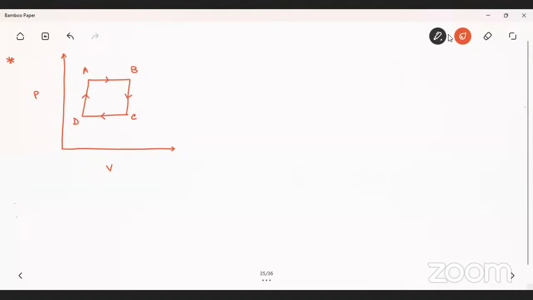Okay, this is a cyclic process, yes or no? Yes, ma'am. This is your JEE Advanced question, I guess some 2012 or something. They asked you AB. This AB is what process?